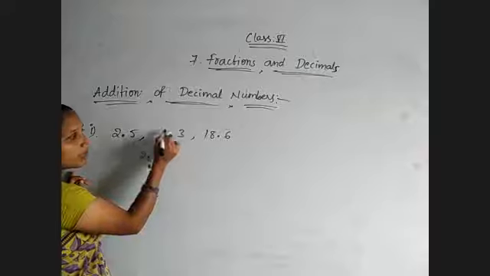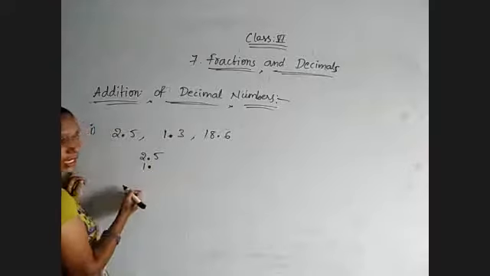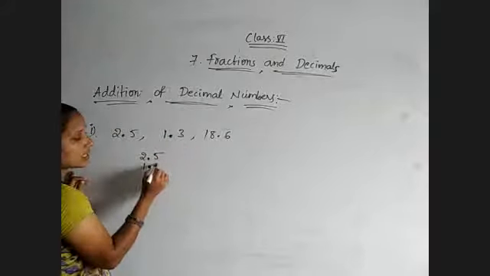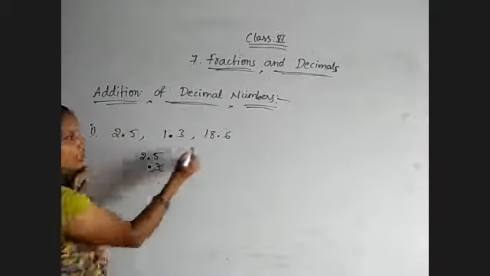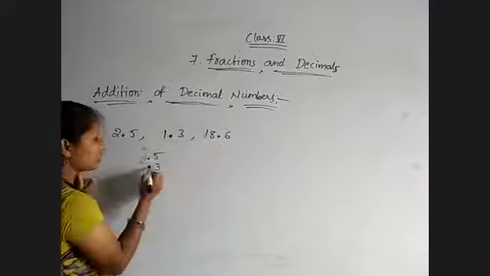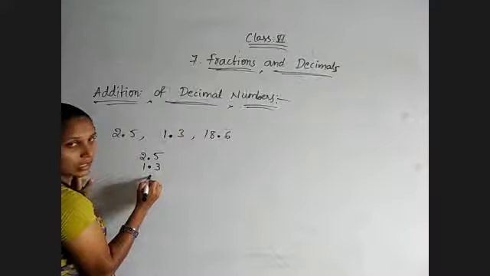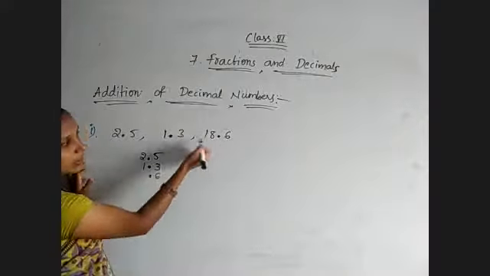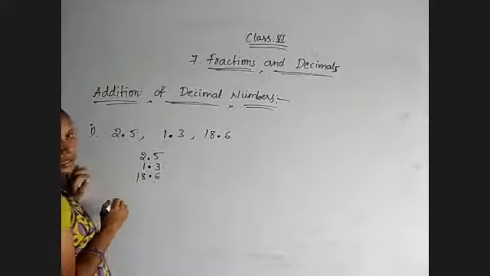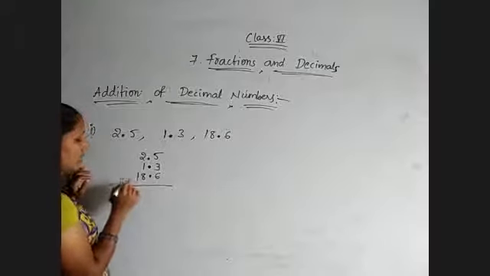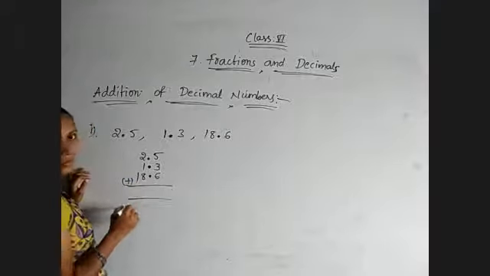And before the point 1 is there, so 1 we will get here. After the point 3 is there, so 3 will get here. Next 18.6. So as I told you, point we must get below point only. So in the decimal portion 6 is there and before the point 18 is there, 8 and 1. So now we have arranged them in the column.